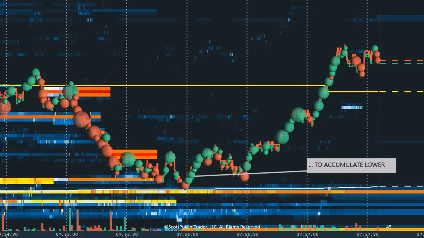This is important to understand, because most of the time, think about it: if you are a large player and you want to buy lower, you can't just place a large buy, because you will probably skew the auction on the other side, and maybe you will end up not even getting filled.